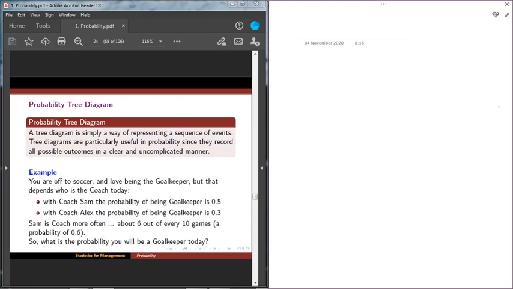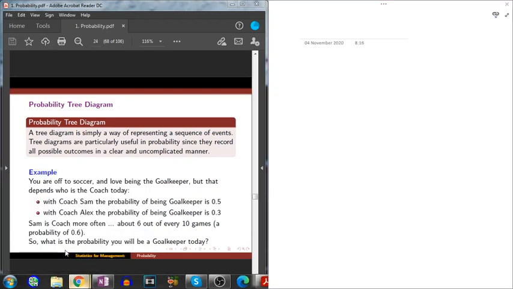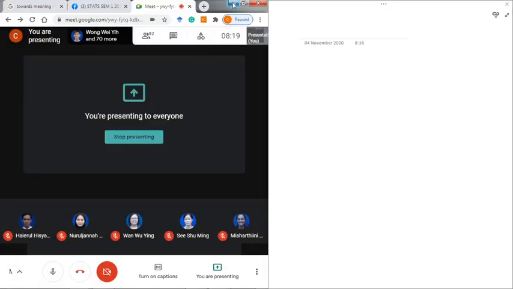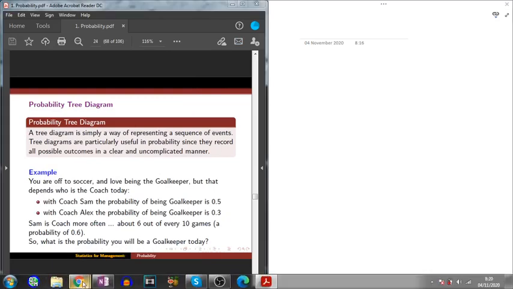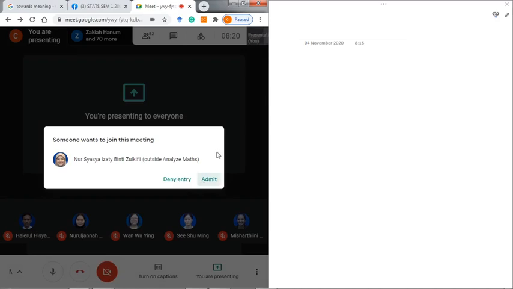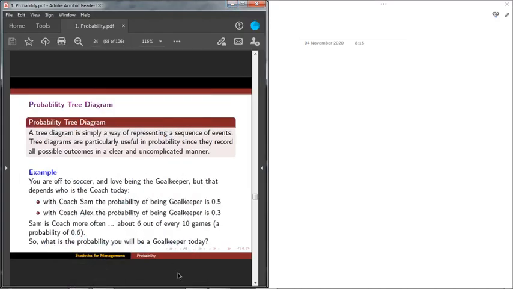There are two coaches. One is Sam, another one is Alex. With Coach Sam, the probability of being goalkeeper is 0.5. With Coach Alex, the probability of being goalkeeper is 0.3.